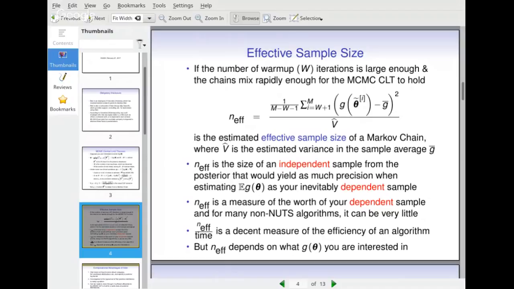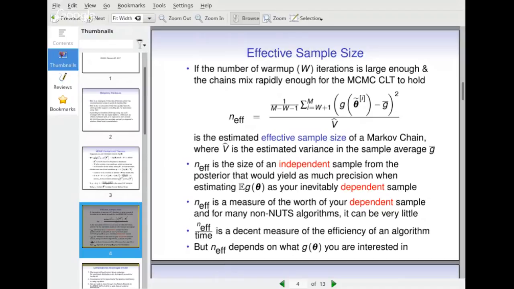Imagine you could take independent draws from this posterior distribution. You can't, but imagine you could. Effective sample size is the number of independent draws you can imagine taking from the posterior distribution that gives you the same amount of precision in estimating the means of these G functions that you're interested in as the 1,000 or the 4,000 draws that you actually have from the posterior distribution that are not independent of each other.